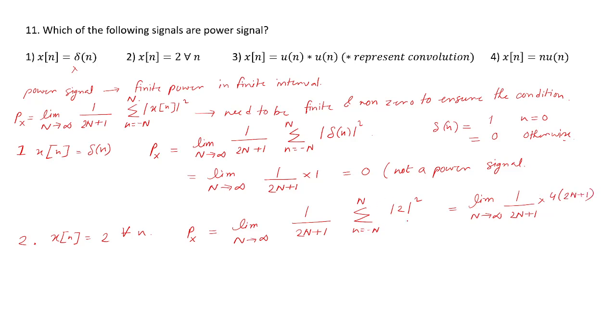At every point its squared value is 4, so it's 4 times 2N plus 1, which cancels out, and we get a finite power. Therefore x[n] equal to 2 is a power signal. So this is correct.